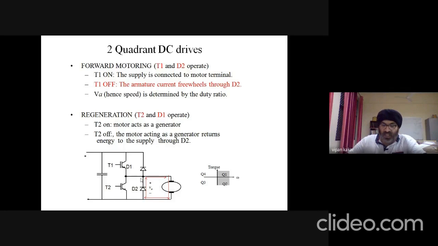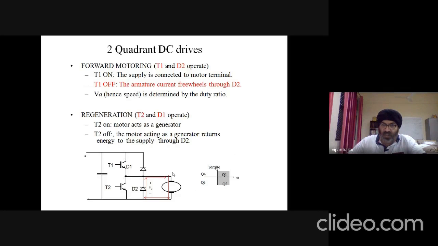So we can easily find out the armature voltage across this motor terminal by using a duty ratio, that is, for how long this switch is turned on, T on, the turn on time, divided by the total time period, which is T on plus T off.